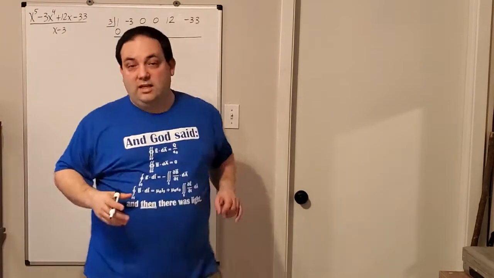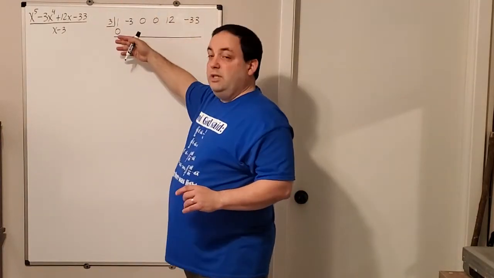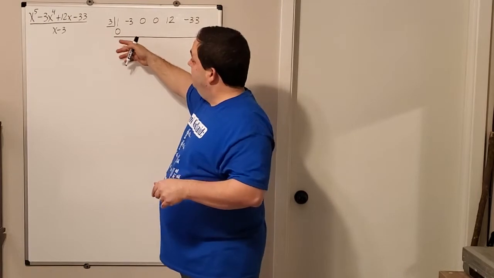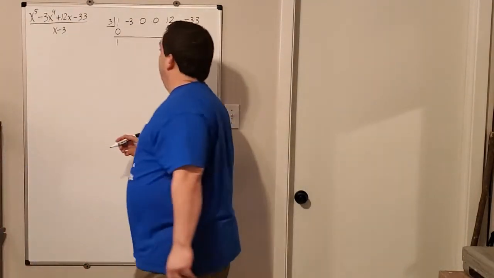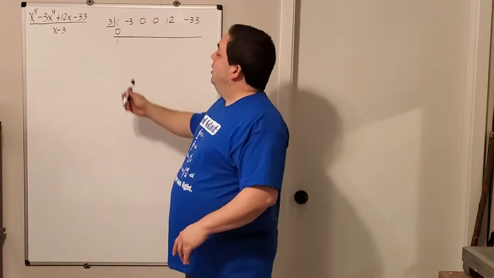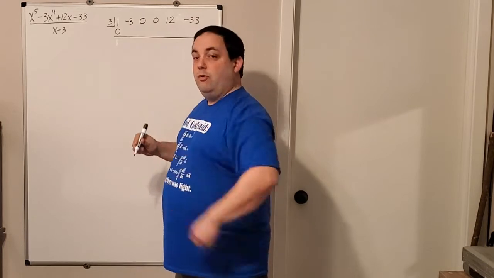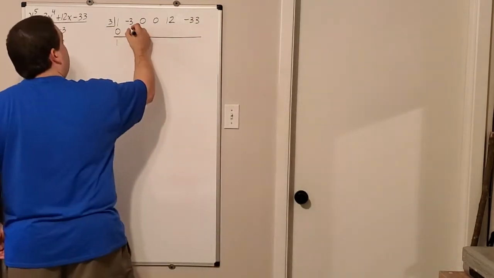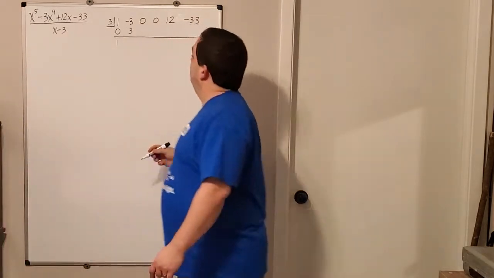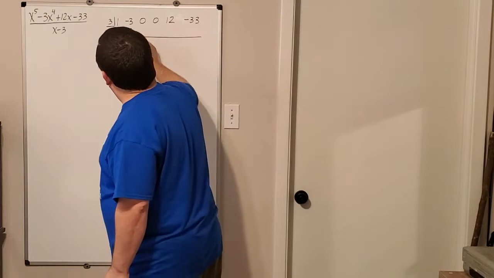And remember, with synthetic division, every time you have a column ready to be completed, you're going to add, right? So 1 plus 0, got 1. And then anytime you've completed a column, you multiply the result by the box to get the entry for the next column, right? So 3 times 1 gives me the 3 that I need here. And then negative 3 plus 3 gives me 0.